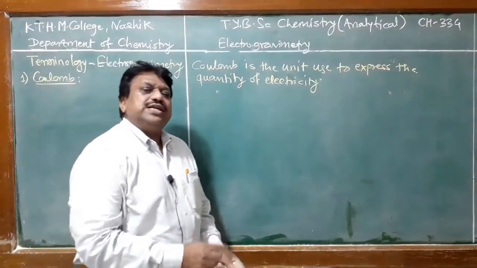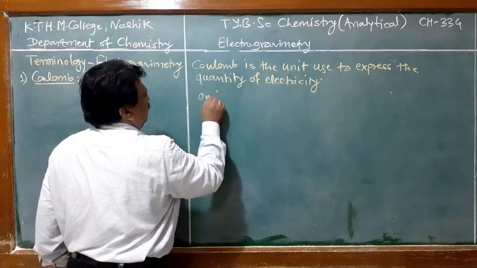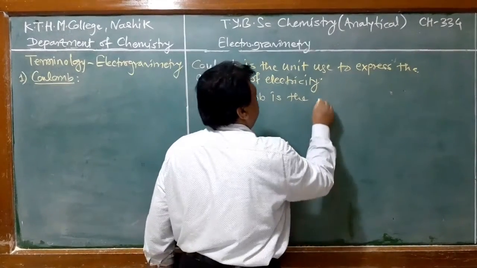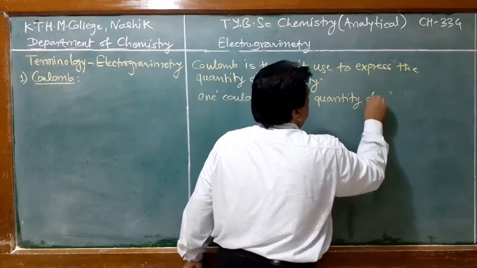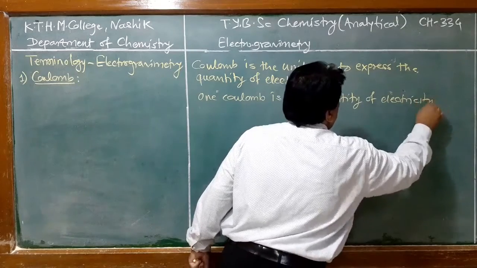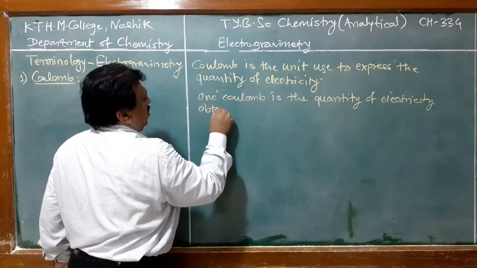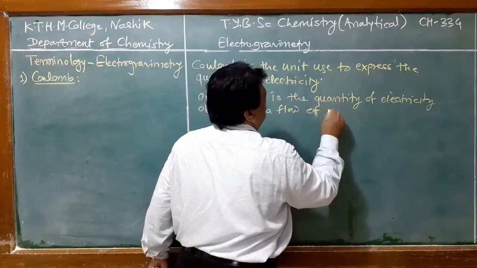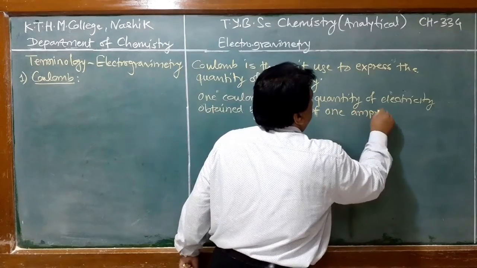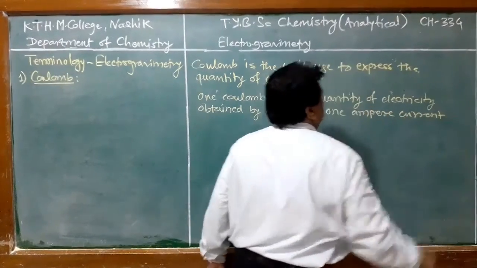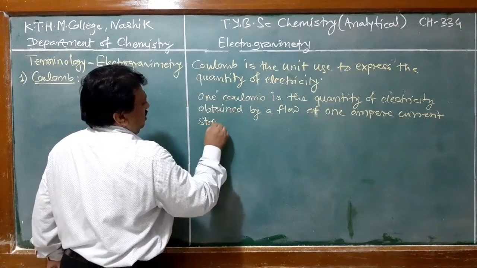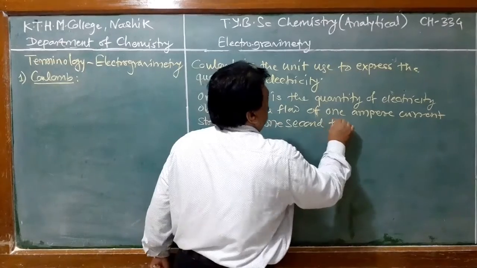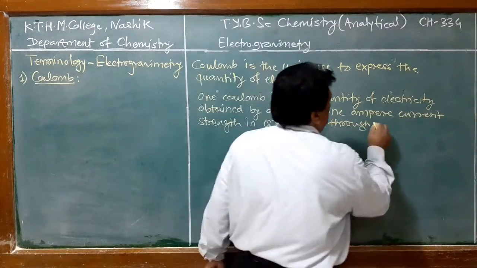That is, coulomb is a unit used to express the quantity of electricity, and one coulomb is the electric charge or quantity of electricity obtained by a flow of 1 ampere current strength in 1 second through an electrolyte solution.